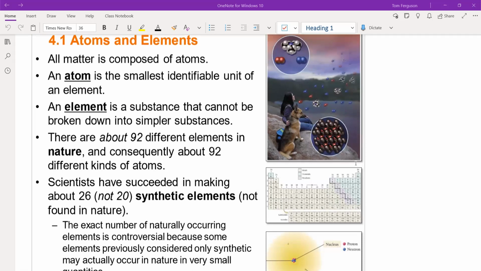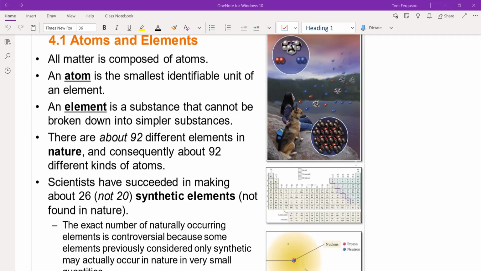From chapter 3, last week we talked about matter being composed of atoms, molecules, electrons, protons, neutrons. There are two kinds of substances: an element and a molecule.